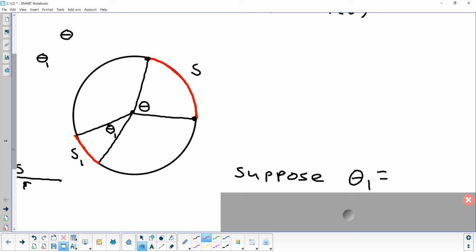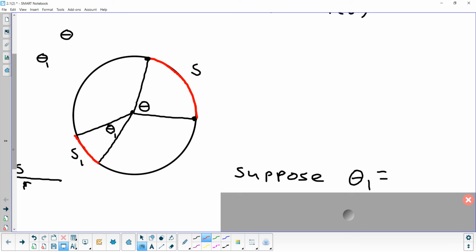I said that if the size of this arc was exactly the same as the size of the radius, then this angle had to be a certain size. Does anybody remember what the size was? If the length of the arc in red is exactly equal to the radius, then this angle would have to be how big? Yep. 1 radian.